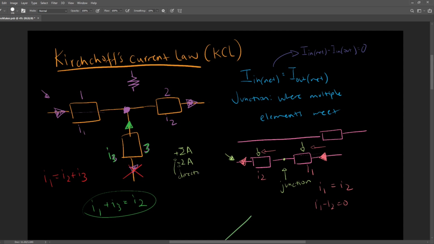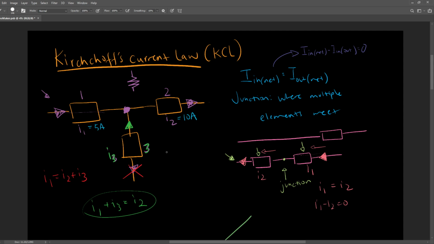So take, for example, that I1 was equal to 5 amps and I2 was equal to 10 amps.